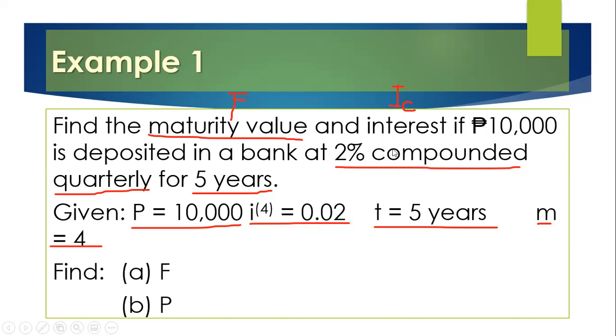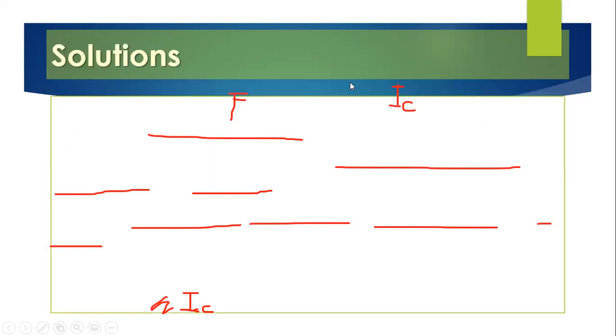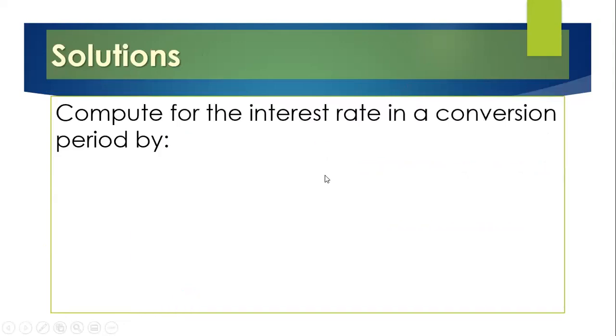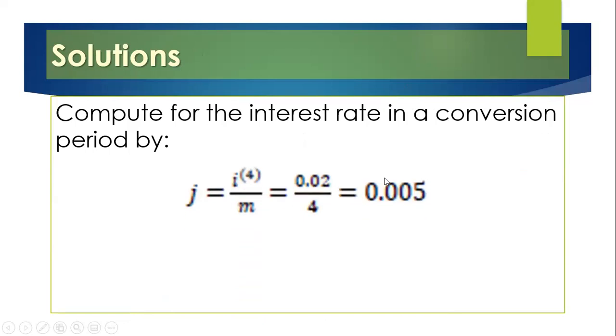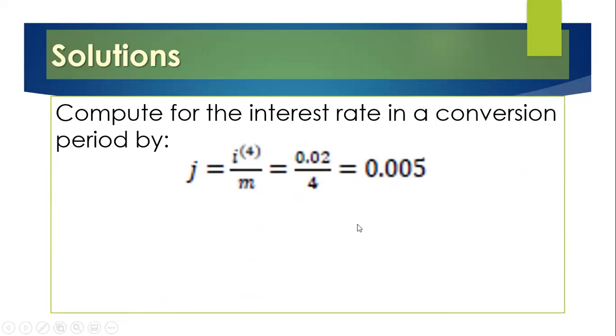Now let's find F and, okay, so for compute for the interest rate in the conversion period. So yung J, so divide lang naman natin yung given na rate of interest I raised to 4 over M, 0.02 divided by 4. And that will be 0.005.